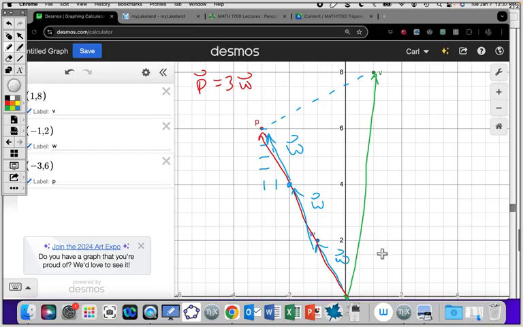Now, how could I check it, though? Because if it really is the orthogonal projection, I should have a right angle there. All right?